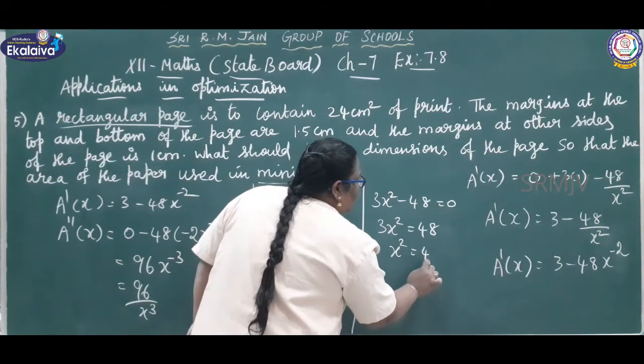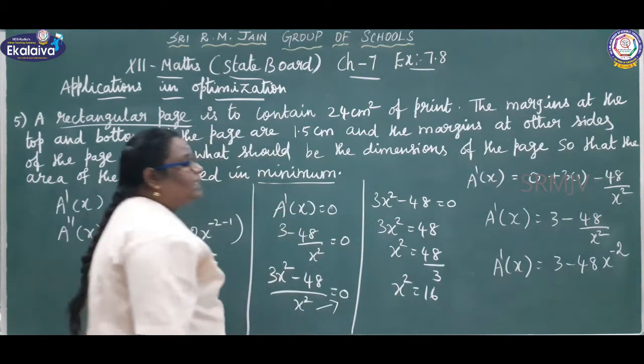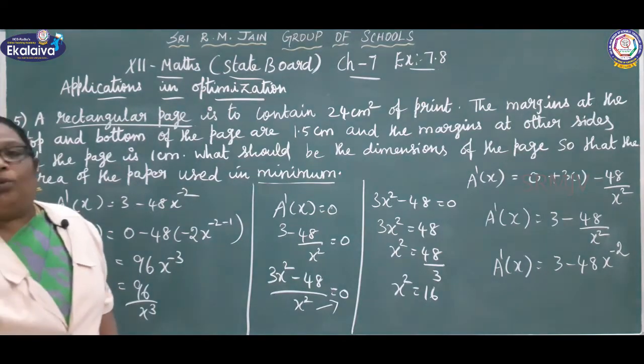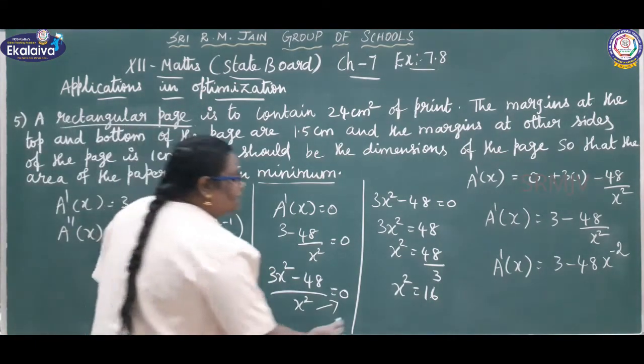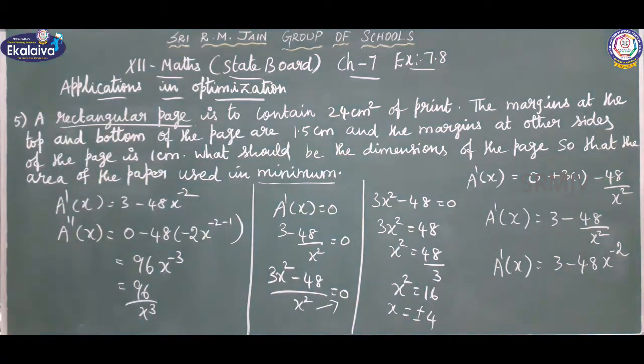X square equal to 48 by 3. X square equal to 16. X equal to plus or minus 4.